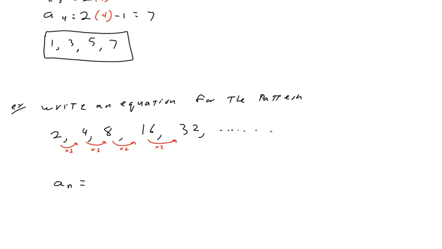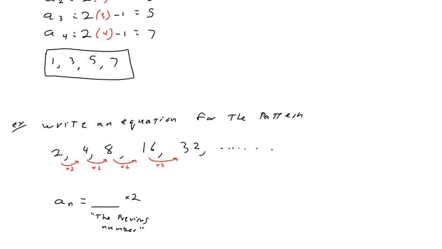The easiest way to do this is say take the number that I'm at, take the last number, multiply it by 2. So I want to do something times 2. How can I describe the previous number? I want something here that says I want to take the last number and times it by 2.